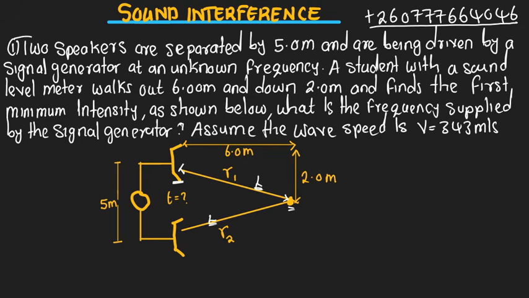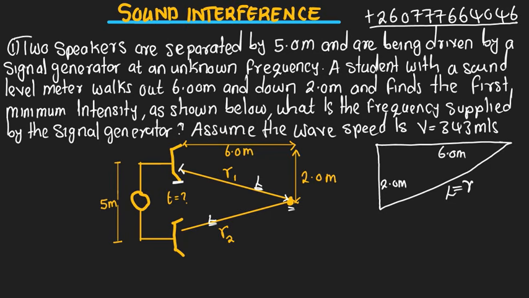Your first distance is 2 meters in the vertical, then your second distance is 6 meters in the horizontal, so you get your 6.0 meters. Then this is going to be your 2.0 meters. Here is your path length, which is equal to R, let's say R1. The second one is still going to be the same thing, like this.